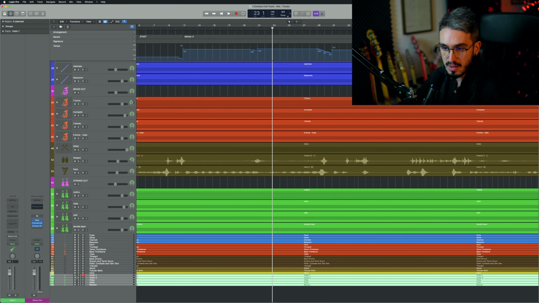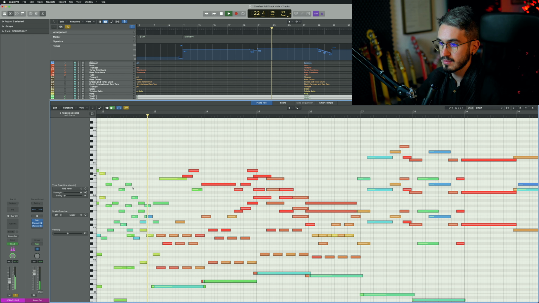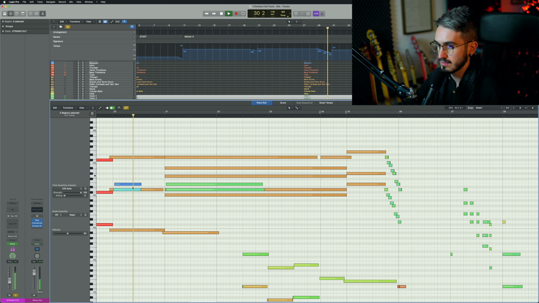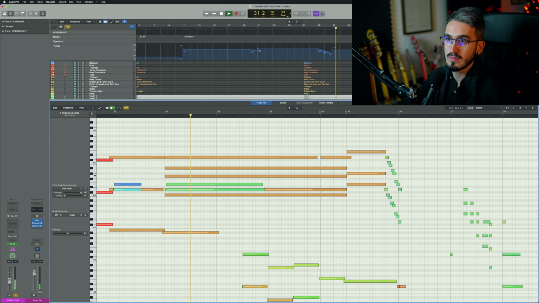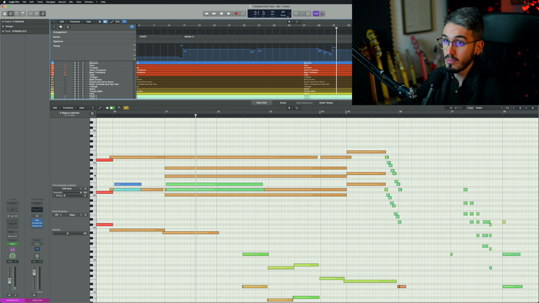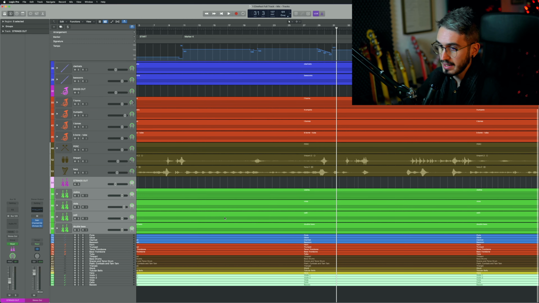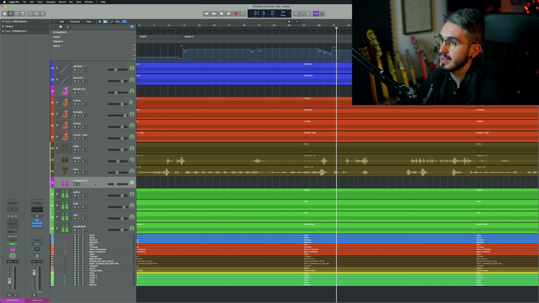Let's start by playing the strings. Obviously, we get a lot more of the other instruments because everybody's busy playing at this point, but that's normal, that's expected.